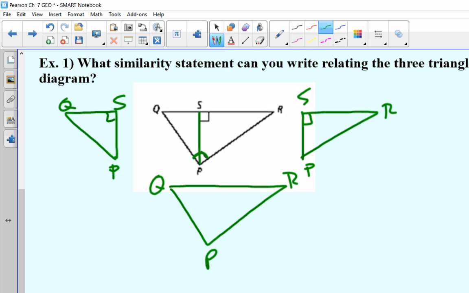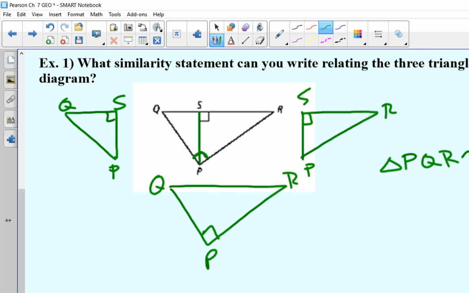By that theorem we just had, we can say that all three of them are similar. I think what they did last time was they took the big one. So the big one, triangle PQR, is similar to the triangle on the left, and you have to make sure your letters match up.